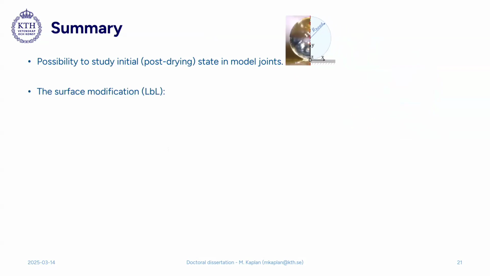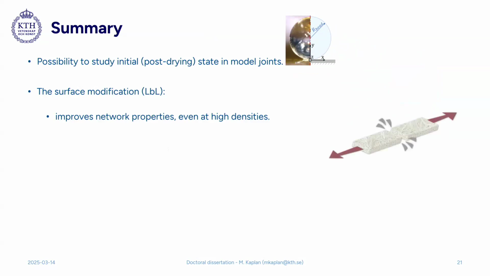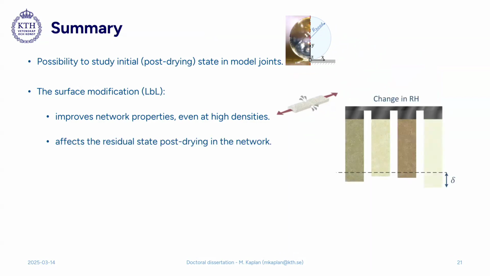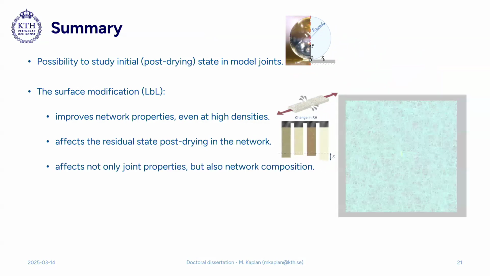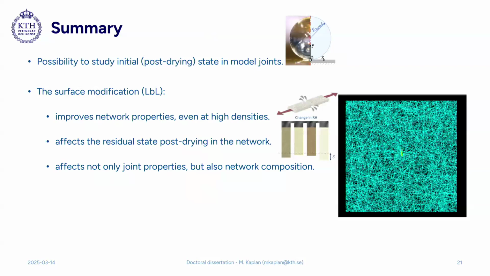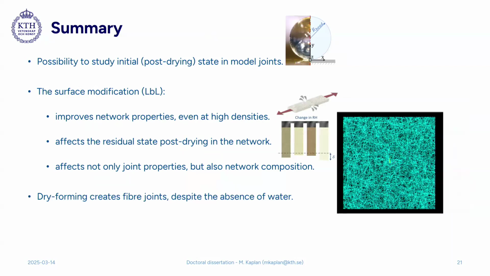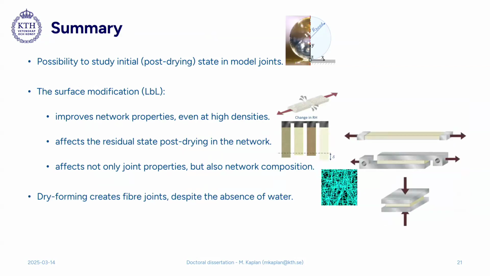I've also studied the surface modification, in this case the layer-by-layer treatment, and what we've shown is that it improves network properties even at high densities, and through hygroexpansion measurements we were able to show that it affects the residual state post-drying in the network, which we further evaluated with network modeling, and we could show that it has to affect the network composition, not only the joint properties. And finally, through the dry forming process, we can create joints despite the absence of water.